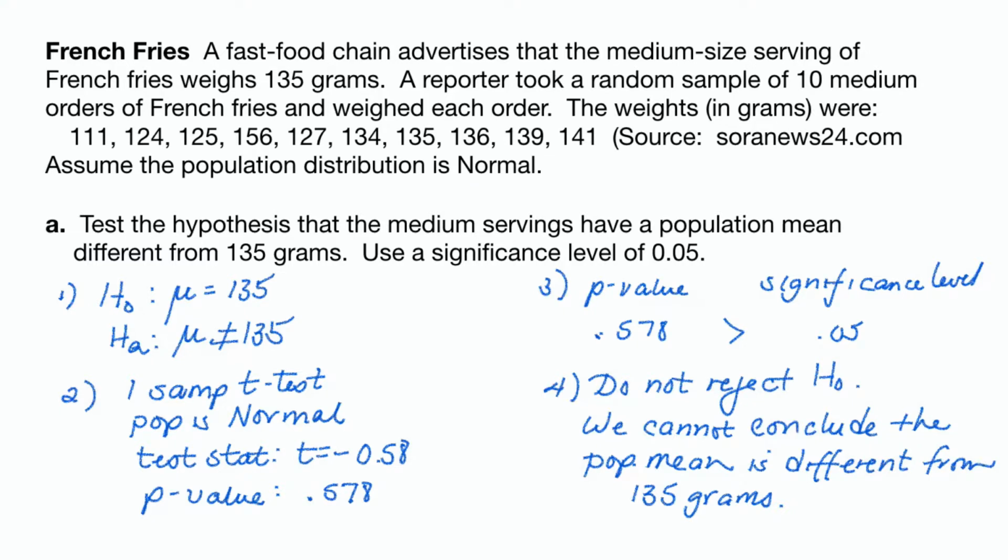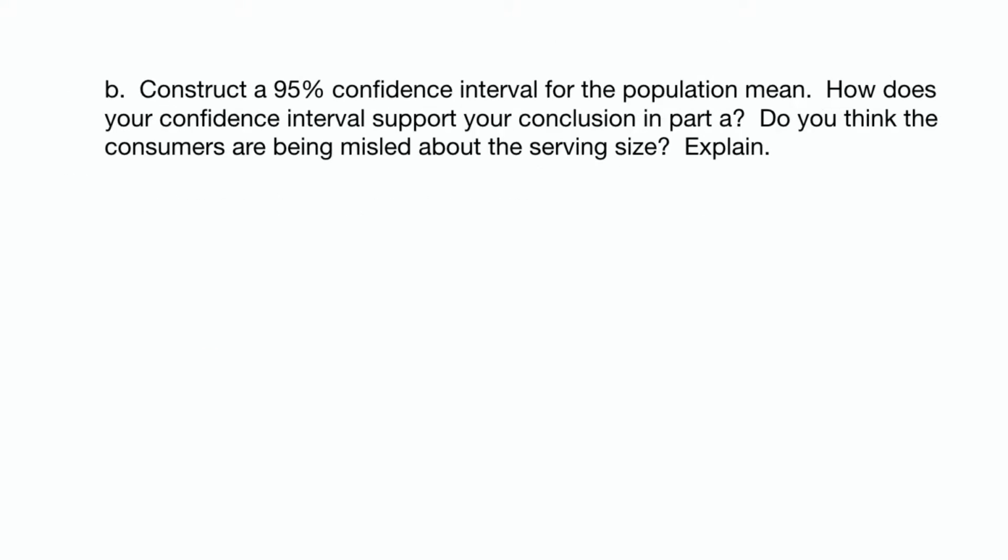So we have our test statistic of negative 0.58 and our p-value of 0.578. If we compare our p-value with our significance level, we see that our p-value is greater than our significance level, so we do not reject the null hypothesis. We cannot conclude the population mean is different from 135 grams.